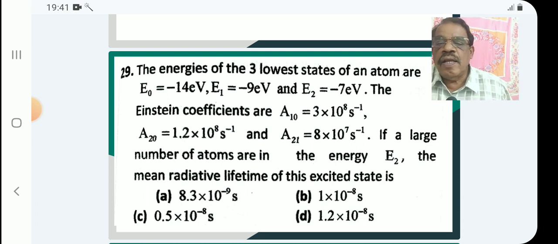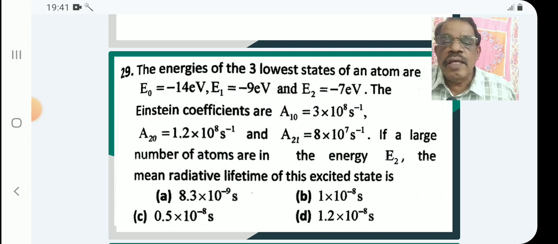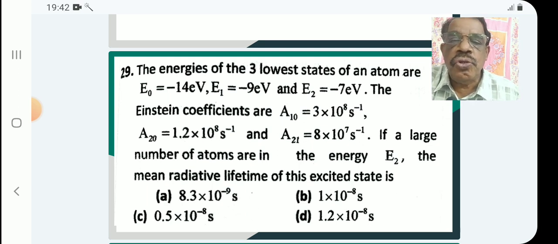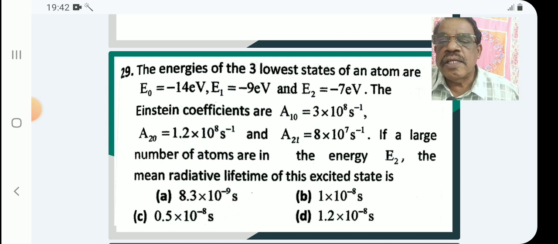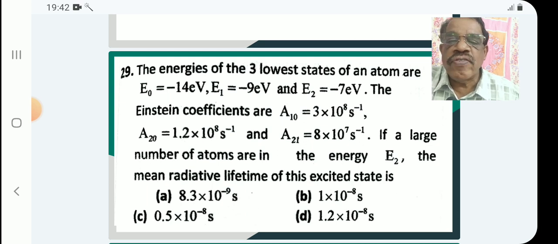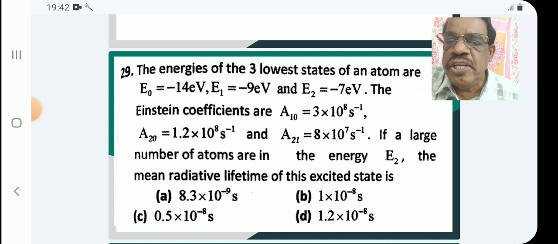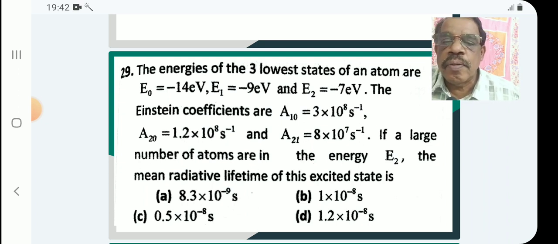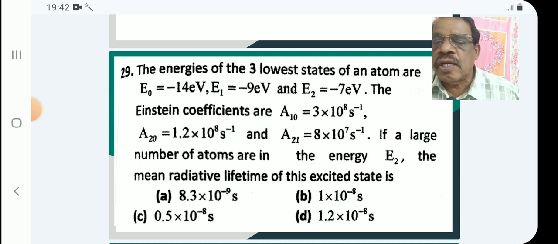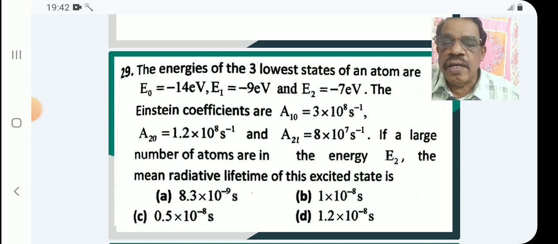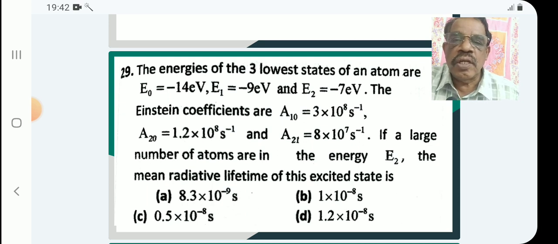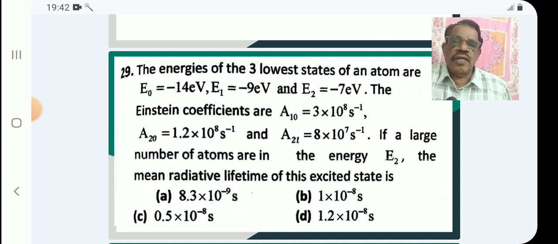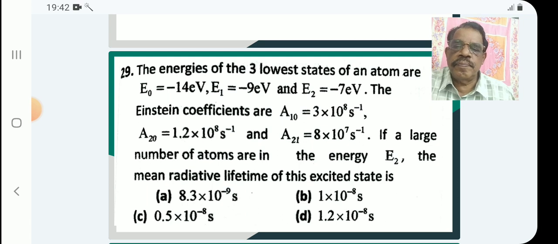If a large number of atoms are in the energy state E2, the mean radiative lifetime of this excited state is: A, 8.3 into 10^-9 s; B, 1 into 10^-8 s; C, 0.5 into 10^-8 s; D, 1.2 into 10^-8 s.